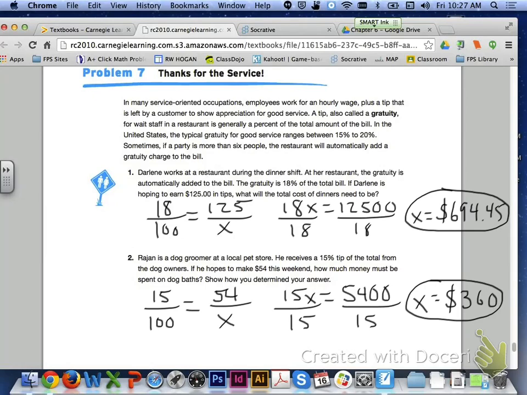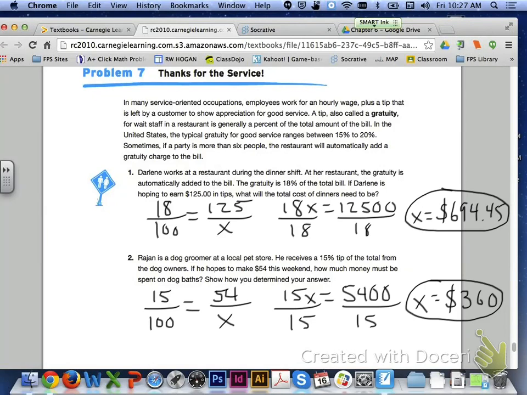If Darlene is hoping to earn $125 in tips, what will the total cost of dinners need to be? So again, in this case, I need to find the whole. I know the percent and I know the part. So when I set my problem up and I cross multiply, x is going to be equal to $694.45. That's what the total cost of the dinners will need to be.